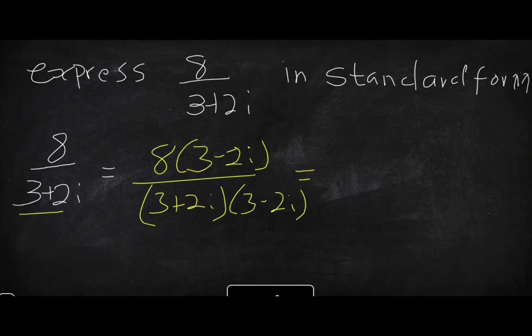So expanding this gives 8 times 3 is 24, 24 minus 16i.